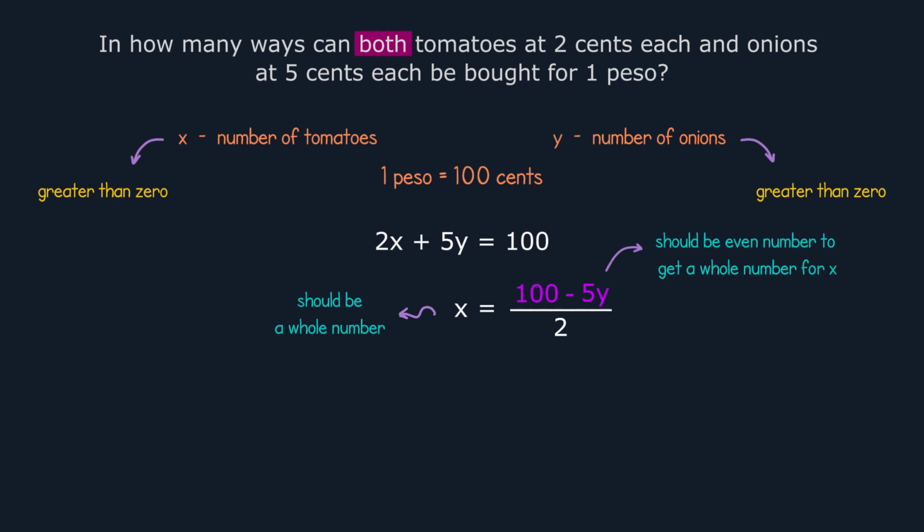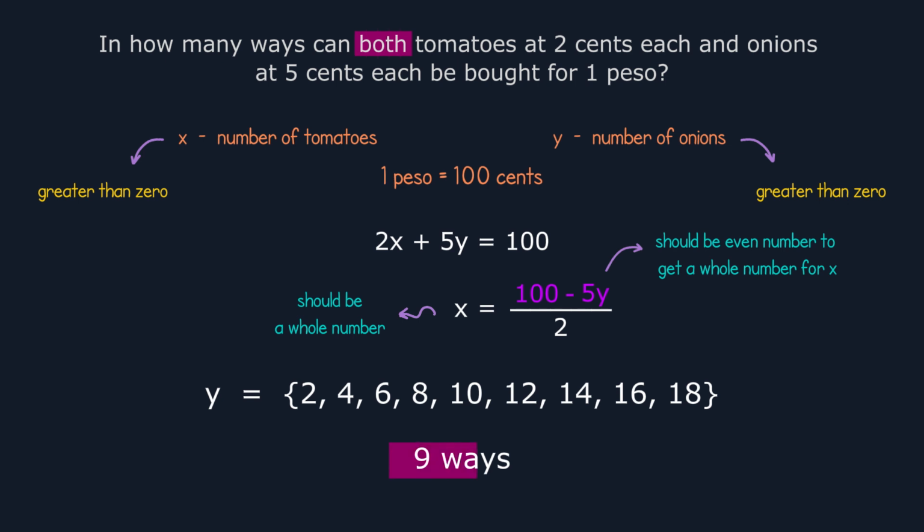Let's find the possible values for y that satisfy these conditions. Since y must be even and positive, the possible values for y are 2, 4, 6, 8, 10, 12, 14, 16, and 18. That gives us exactly 9 different ways to buy both tomatoes and onions for 1 peso, with x being greater than 0 and y being an even positive number.